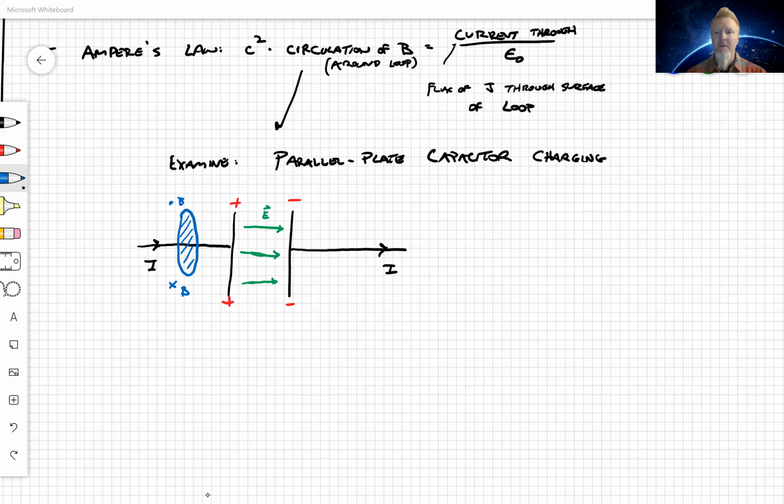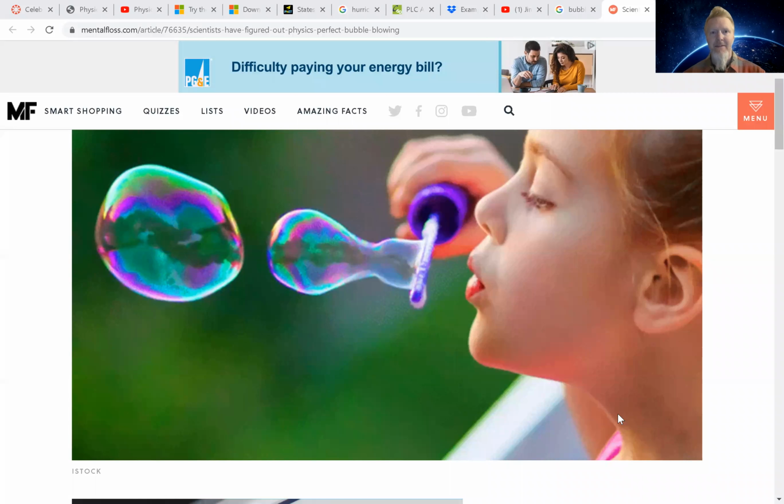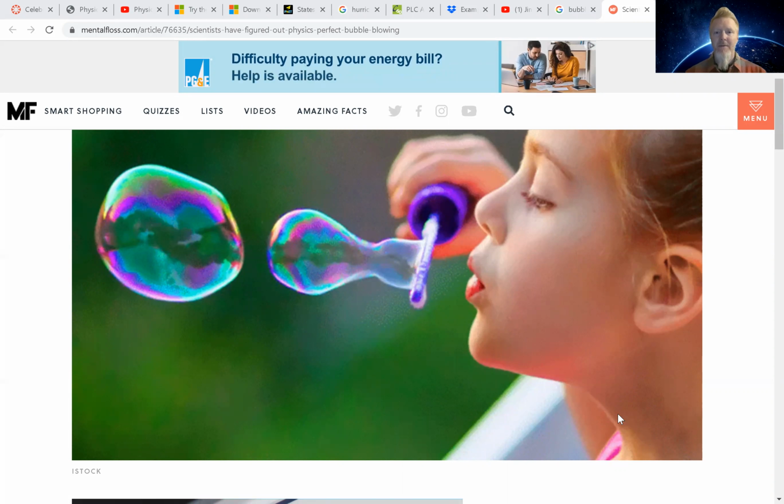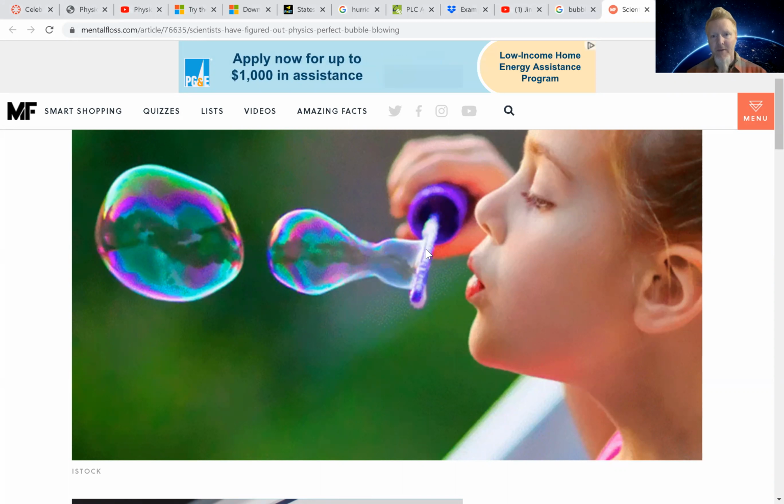And so what I'm going to do is make a surface that looks like that. See how the surface here is still bounded by the loop.